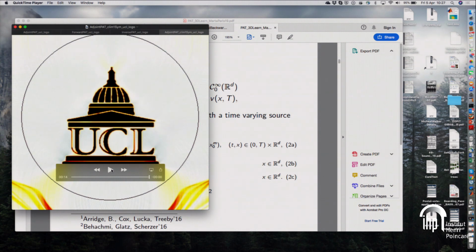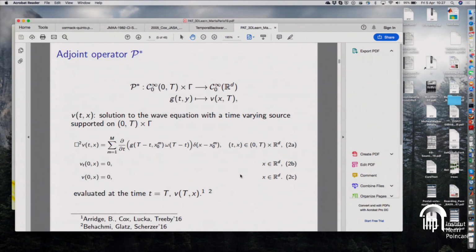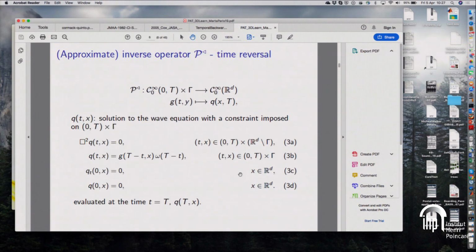So basically it's slightly different than the inverse, which is the so-called time reversal operator. So this corresponds to the inverse operator. I put approximate here for a reason: this only kind of is an inverse operator under very, very clinical conditions.